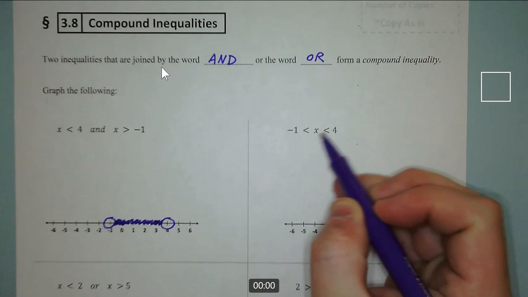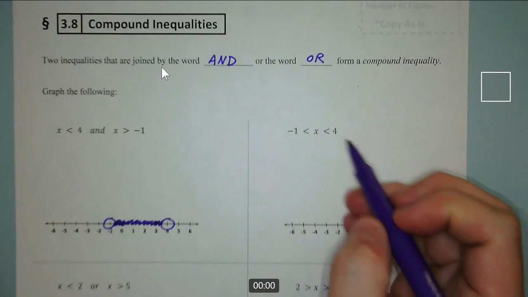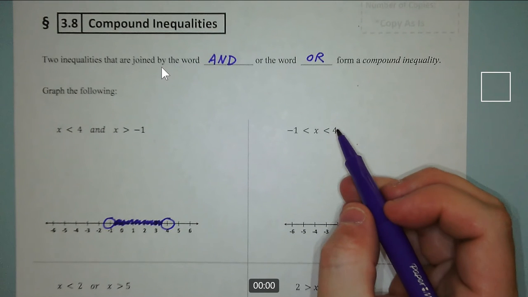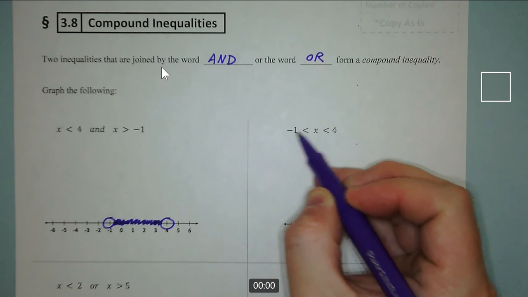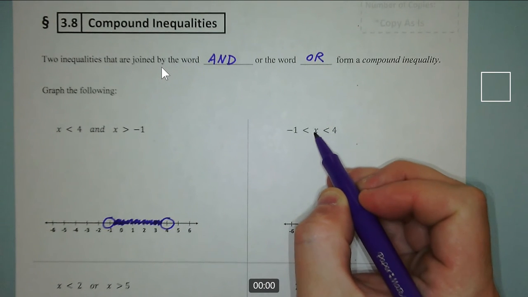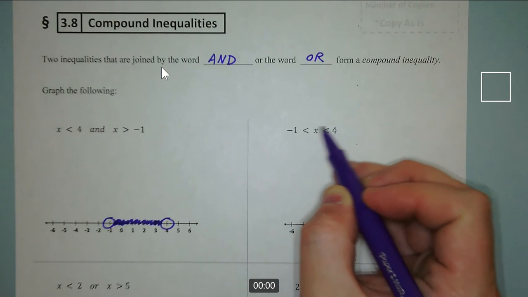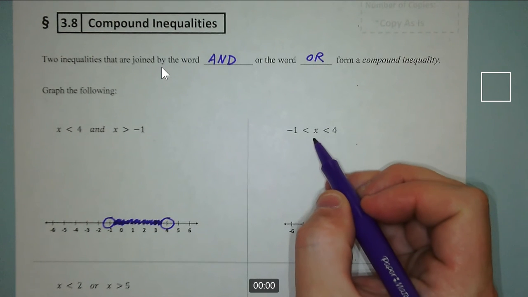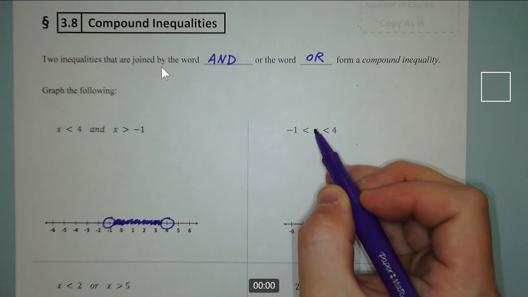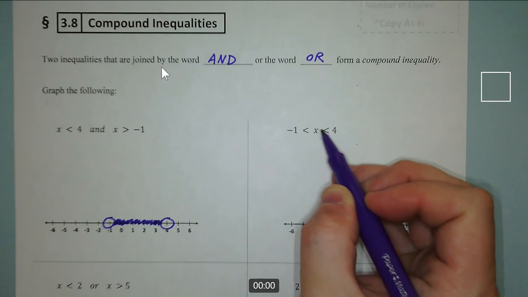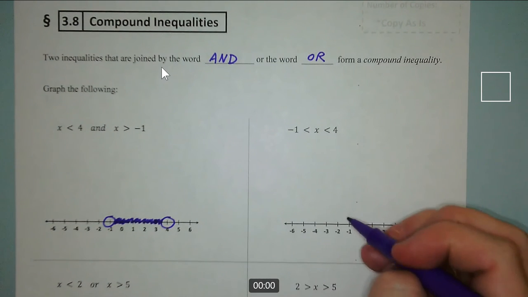Now, this over here is another way to say the same thing. Just think about it: -1 is less than x, which at the same time, x is less than 4. This is like saying x is in between -1 and 4. X is greater than -1, but also less than 4 at the same time.